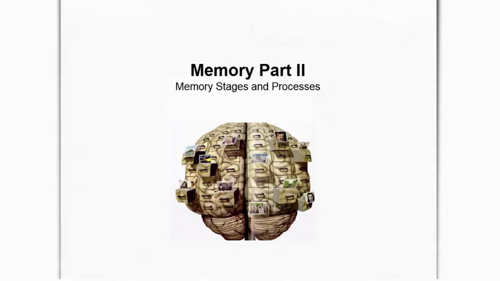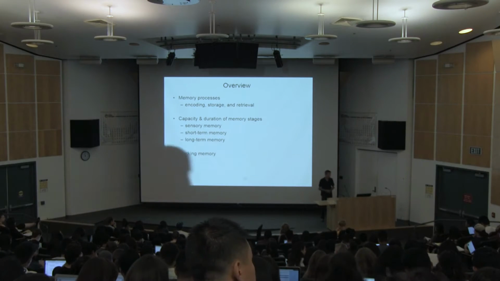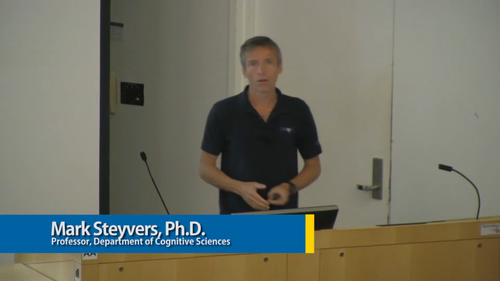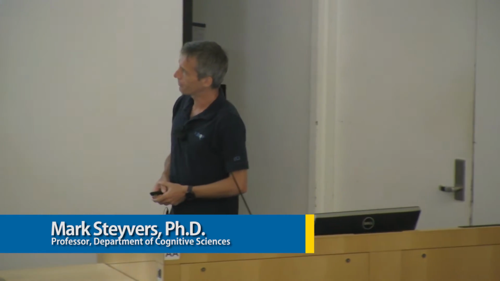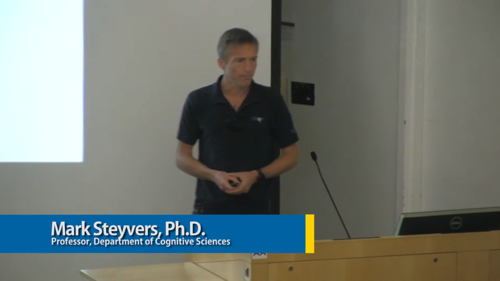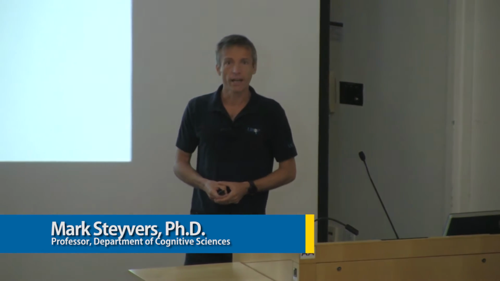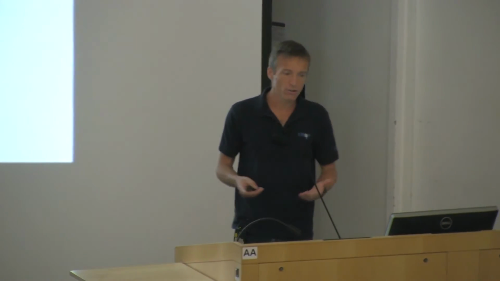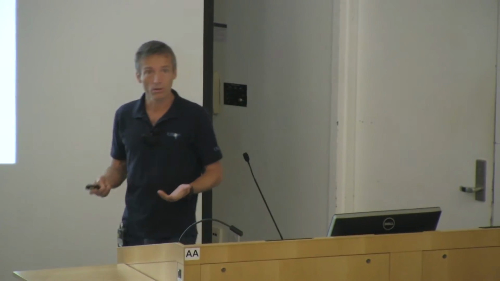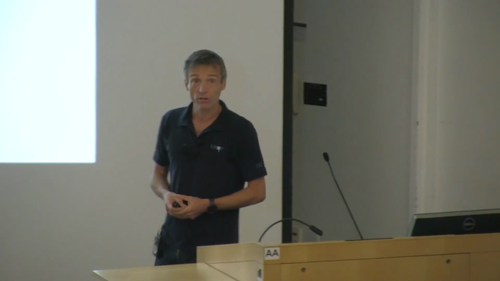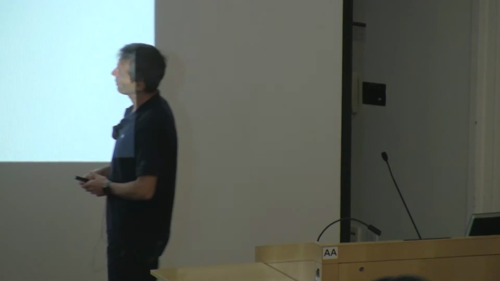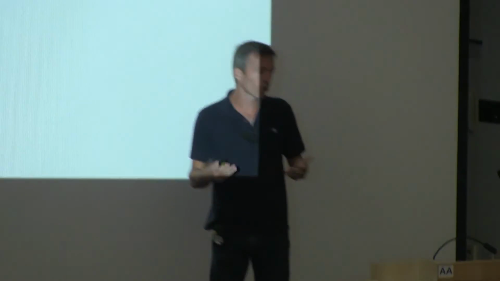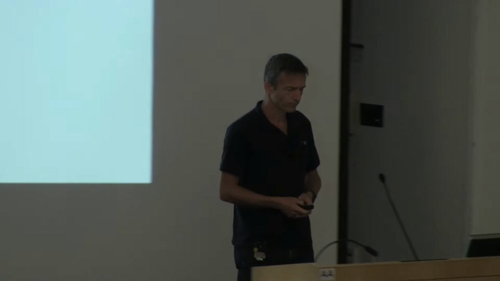Okay, so today we'll talk about memory processes: encoding, storage, retrieval. We'll talk about a theory of memory called the stage theory of memory, or the modal memory model, that makes a distinction between different stages: sensory memory, short-term memory, long-term memory.